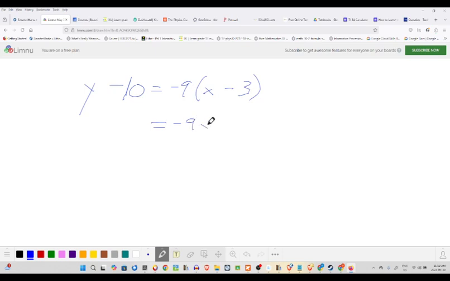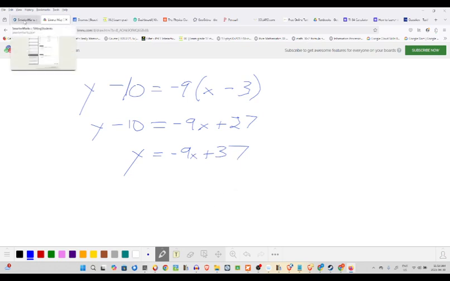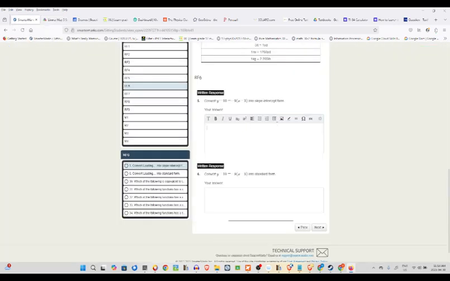We could distribute the negative 9 through the brackets. Add 10 to both sides. And now we have slope-intercept form. So our slope is negative 9, and our intercept is 37.